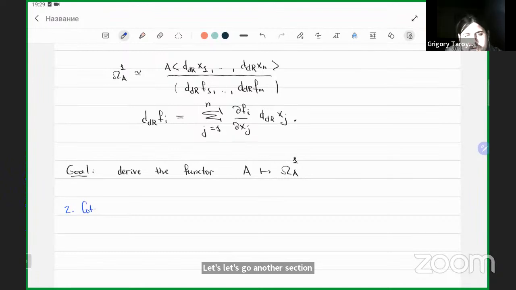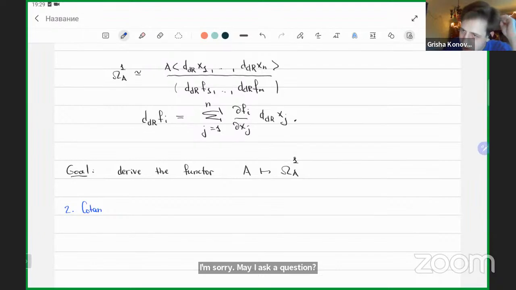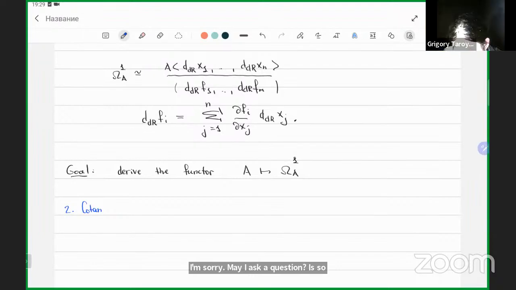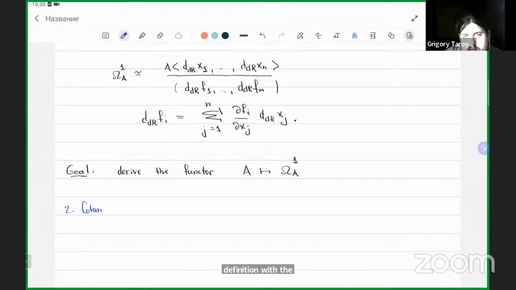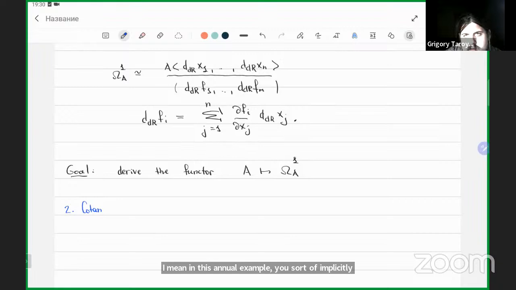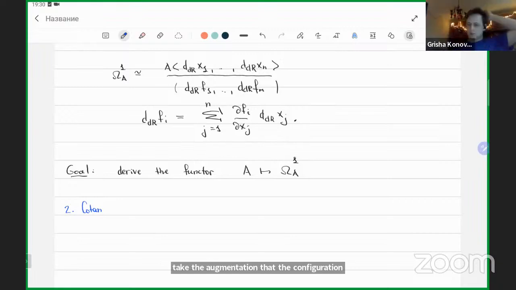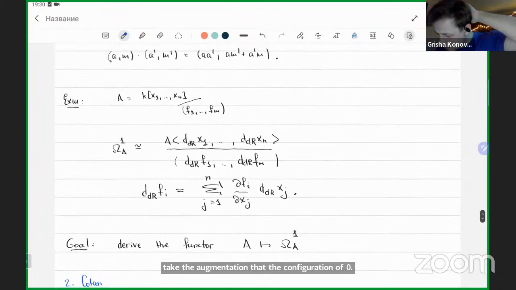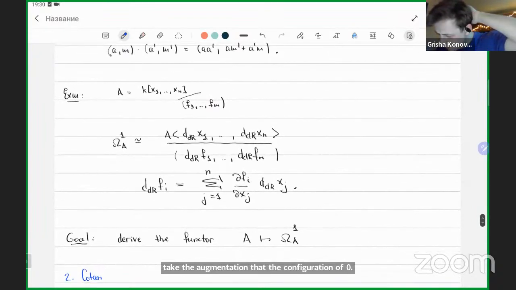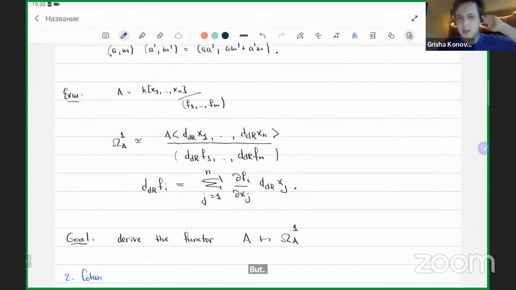I'm sorry, may I ask a question? Yeah, sure. So how does this definition relate to the very simple definition with the augmented algebras? I mean, in this polynomial example, you sort of implicitly take the augmentation of evaluation at 0. Could you please repeat your question?